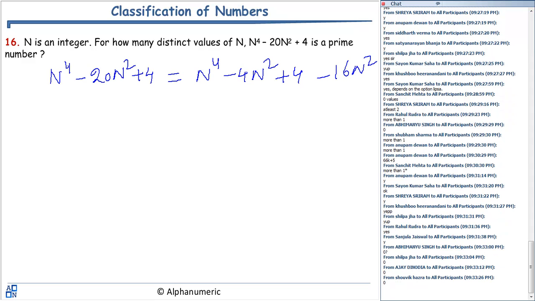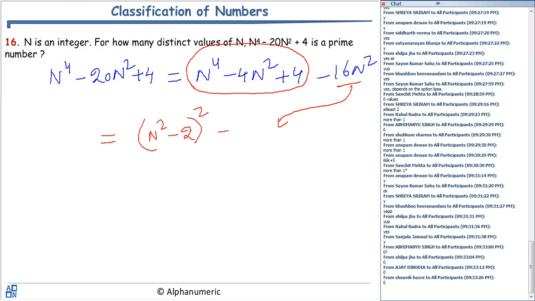Now, this particular portion is a perfect square. This is in the form of (n square minus 2) whole square, the form (a minus b) whole square. And minus 16n square, I can rewrite 16n square as nothing but (4n) whole square.